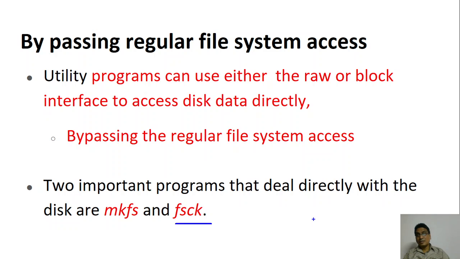In that case, you can't read the content in a regular way. So these particular utilities go and read the content sector by sector, then try to map them to the file names.